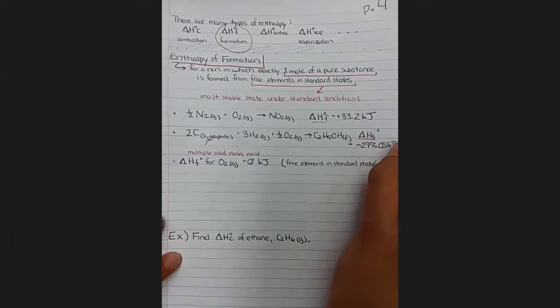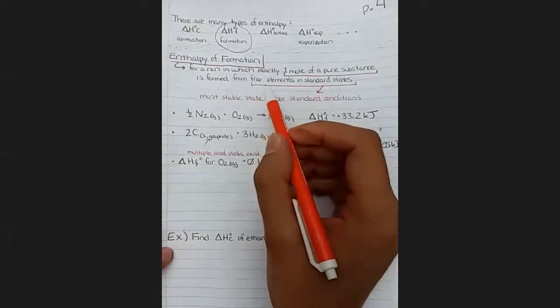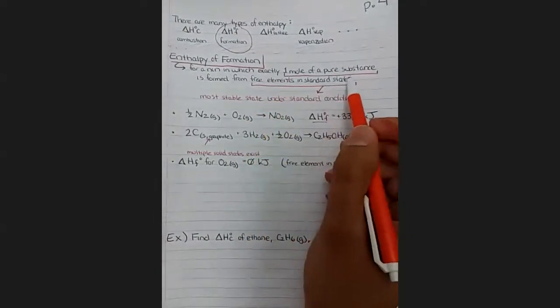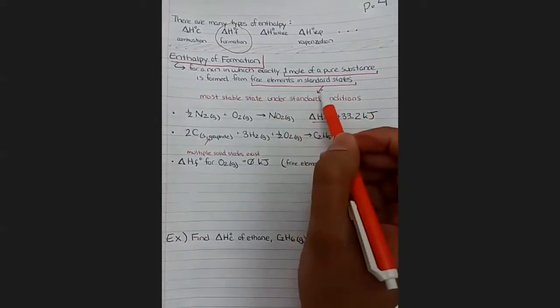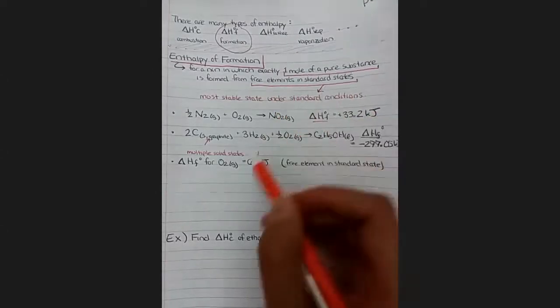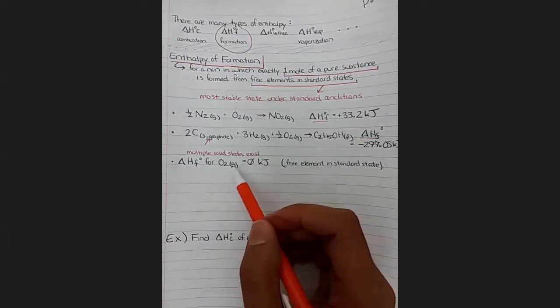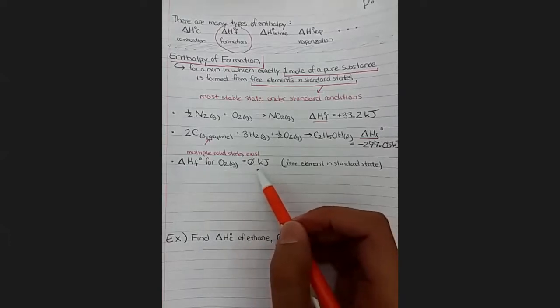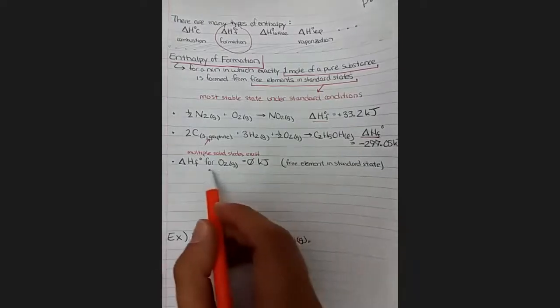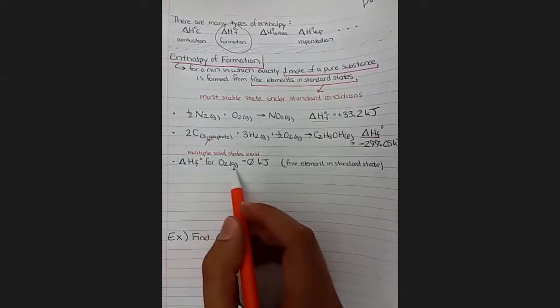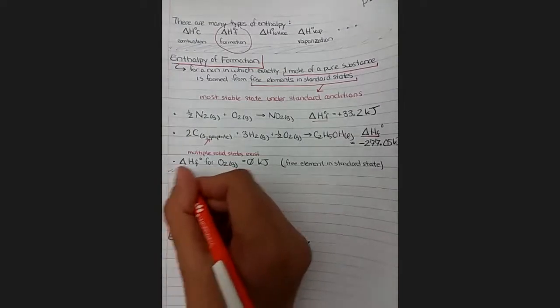And that makes sense because the rule was enthalpy of formation has to have 1 mole of one product, and it has to be formed from free elements in standard states. Oxygen already is a free element in its standard state, so you can't form it from anything else. This is the most you can reduce it, so that means its enthalpy of formation at standard conditions will be 0. So anytime you have an elemental compound in its standard state, the enthalpy is going to be 0.